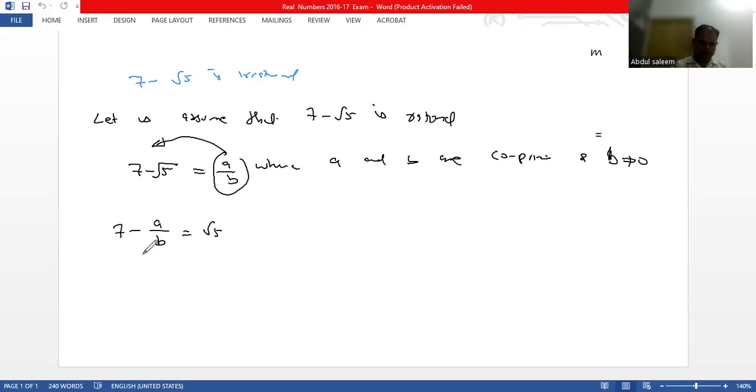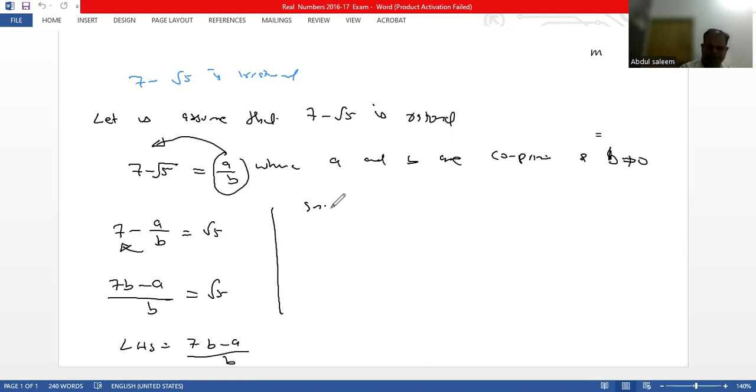Cross multiply here: 7b minus a all divided by b equals root 5. So LHS equals 7b minus a divided by b. Since a and b are co-prime numbers, 7b minus a divided by b is a rational number.